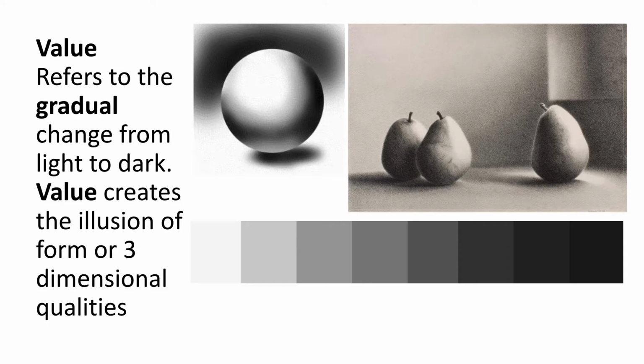So you can see very light, kind of like a mid-tone, getting darker, a little bit darker yet, and very dark at the bottom here. Okay? So that's value. And this is a value scale going from light to dark. And there's some steps in between. So that's how artists make things look three-dimensional. That's value.